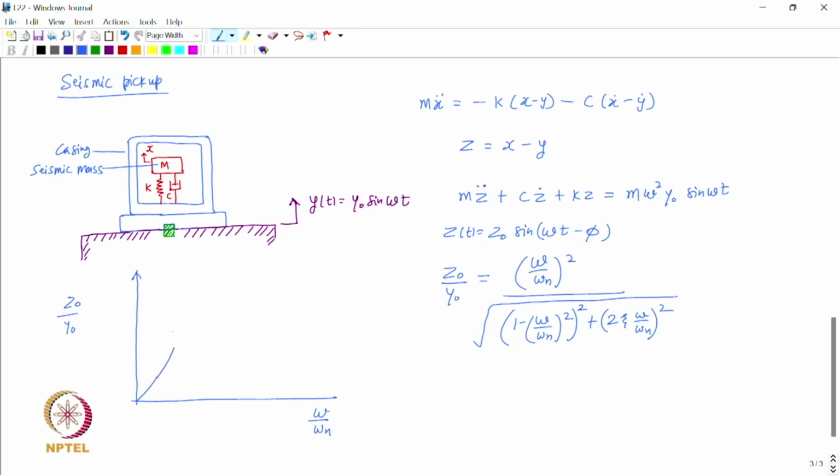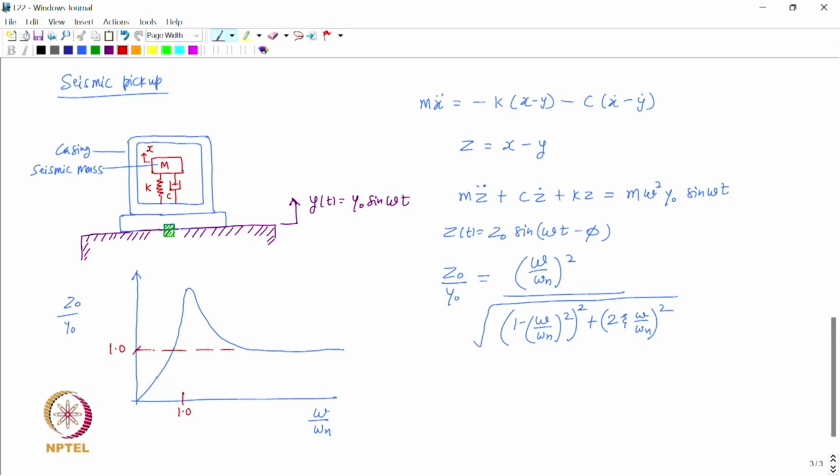For a particular value of zeta, we are plotting this, something like this, and here this is 1, okay, and the frequency here is actually 1, right.